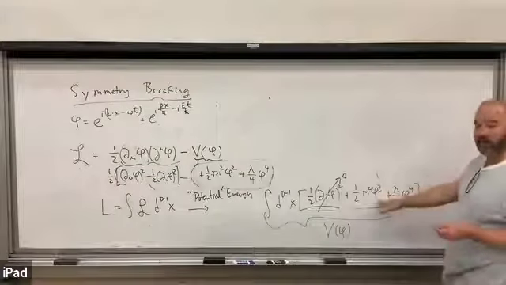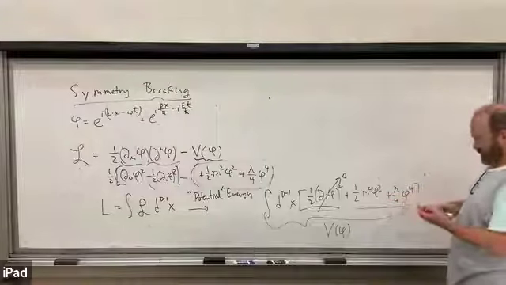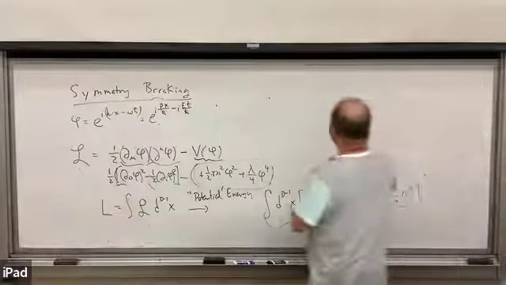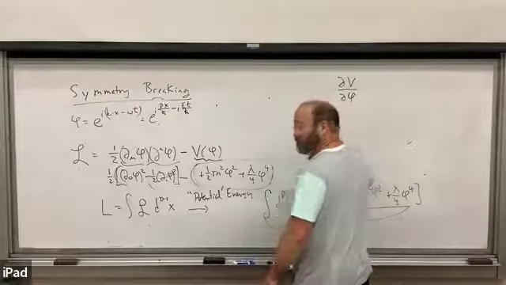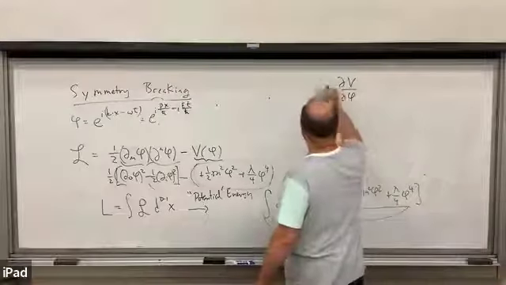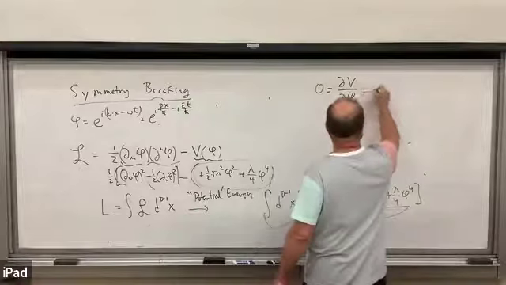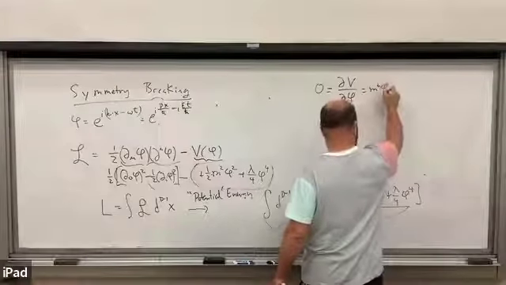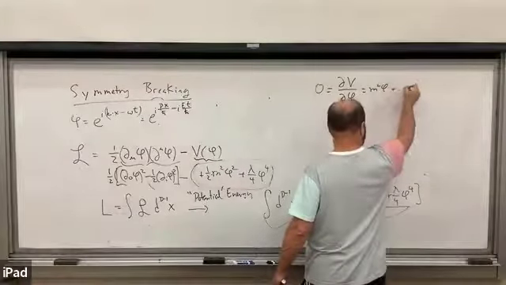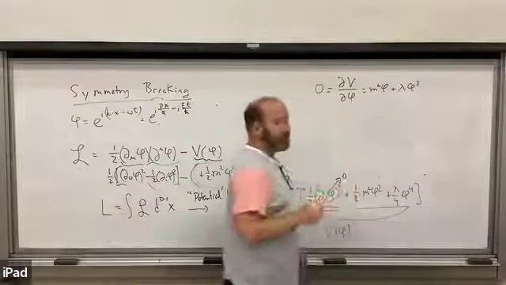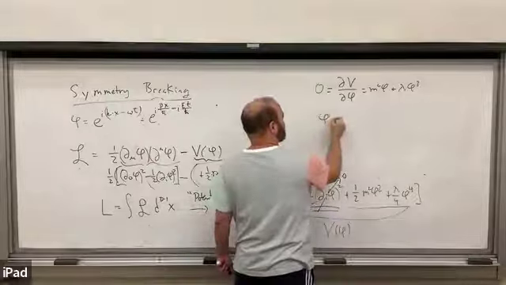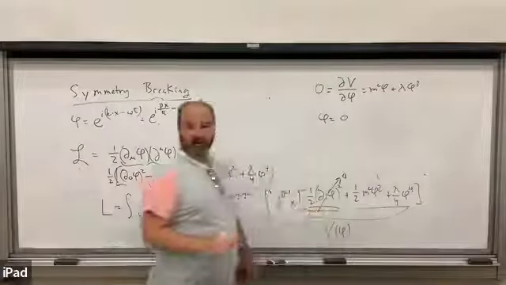That's my potential, let's find the minimum. So we set V'(phi) equal to 0, remember phi is like the Q, and then this becomes m squared phi plus lambda phi cubed. Okay, so we have the solution phi equal to 0.